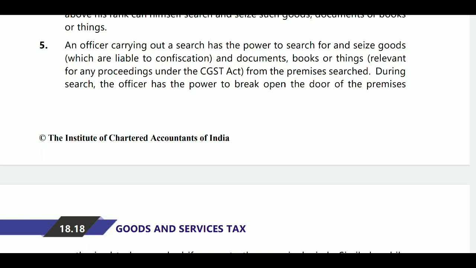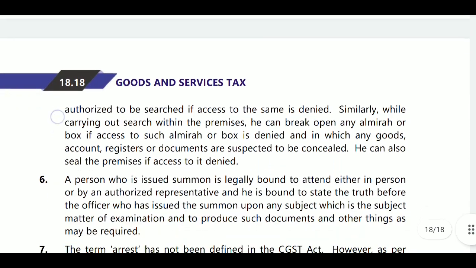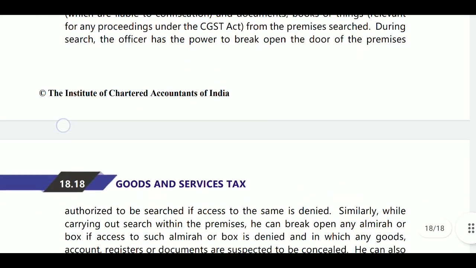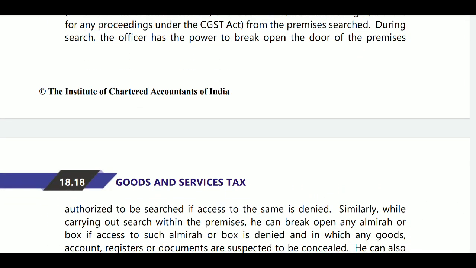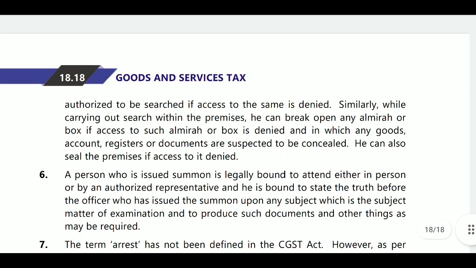So you are going through a search. In that search, if there are any goods liable for confiscation, documents or books or anything, then they will be seized. During the search, the officer has the power to break open the doors of the premises authorized to be searched if access to the same is denied.